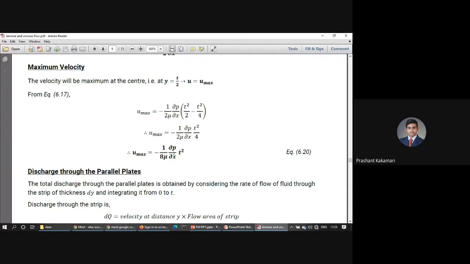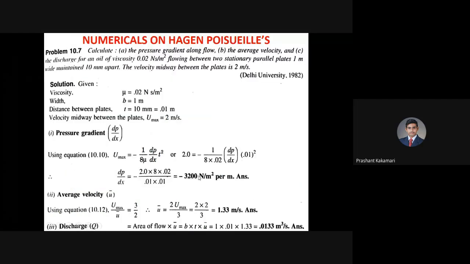Here dou P by dou x is the pressure gradient, the difference in pressure for a given length. As Umax, mu and T are given in the problem, you can find dou P by dou x, and then multiply by the distance between the points dx to find dou P. By both methods the value should be the same. Any one method you can follow.